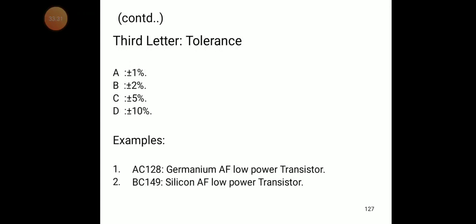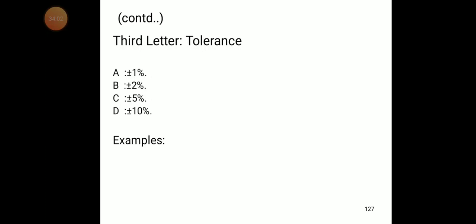For example, you can see AC1 to 8. The first letter A gives the material germanium. C gives the AF low power transistor. BC149: B gives the silicon, C gives the AF low power transistor. So you can see like that we may have in the second letter.